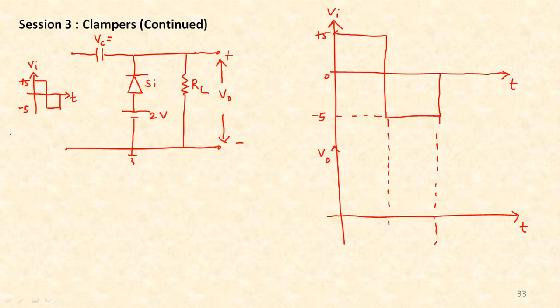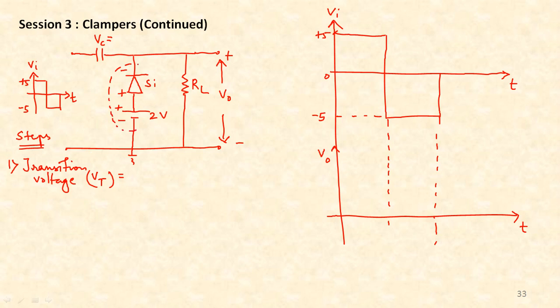Alright, so to start with, the steps for clamper analysis. As usual, the first step is to determine the transition voltage Vt. Students, can you tell me what the transition voltage is now? Minus, plus, plus, minus. So overall 1.3 volt. Yes, so the transition voltage is 1.3 volts.